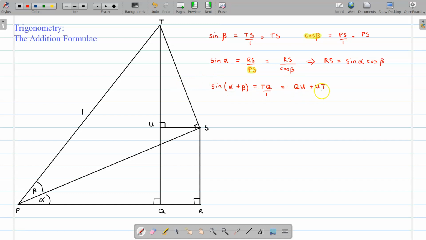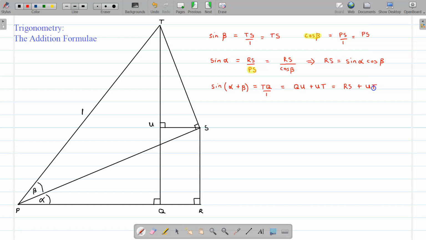Now, QU is the same as RS from this diagram, because they're parallel sides of a rectangle. So I can now say that that's equal to RS plus UT.